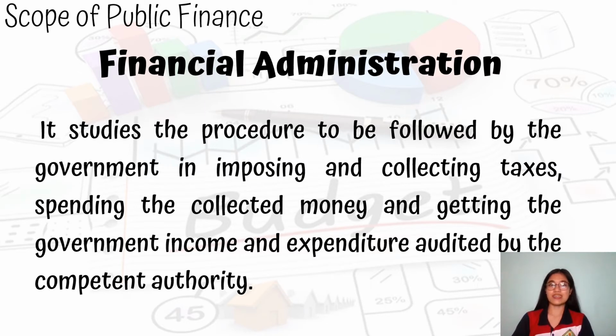So it is an all-encompassing term for all those functions or operations having the objective to make funds and finance available for the government to carry out their respective duties and responsibilities. And also ensuring that there is a lawful and efficient use of public funds.